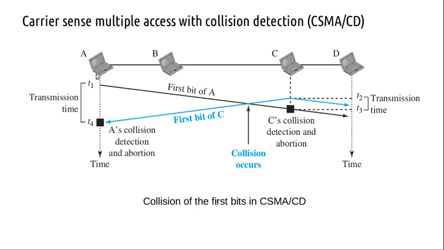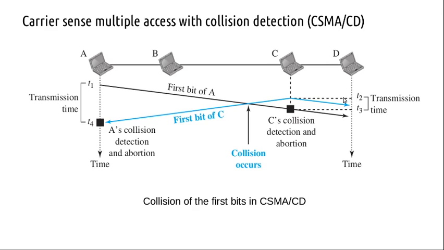Here I see that there are 4 nodes, again the same thing. We are taking 2 nodes, node A and node C, and transmitting the first bit of A and C. Node A is transmitting at time T1, and node C is transmitting at T2.